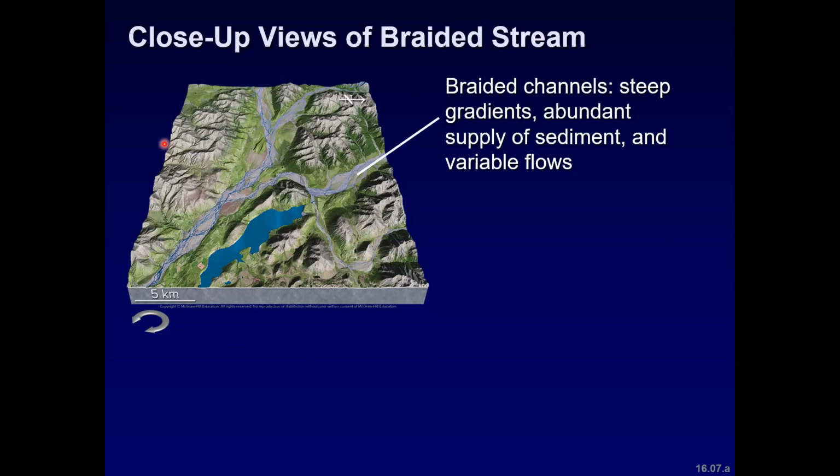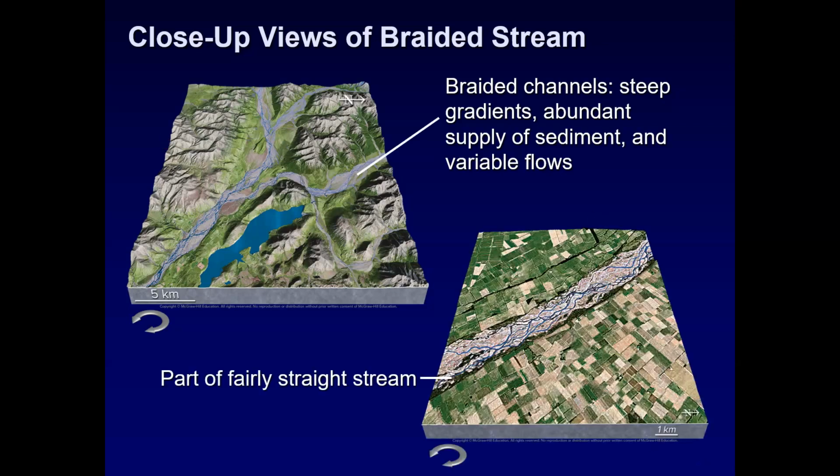So these braided channels, they have steep gradients, an abundant supply of sediment, and variable flow rates, possibly due to seasonal changes, most likely, yes. And then this is a fairly straight stream. So braided channels might be part of a stream with a fairly straight path. They kind of just look a lot more irregular when you look closer.